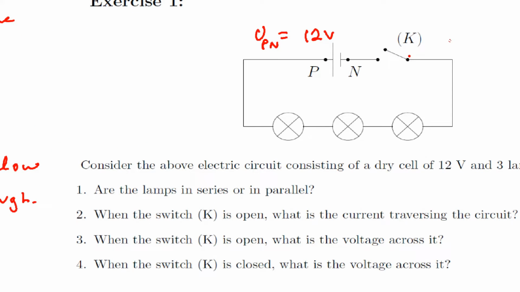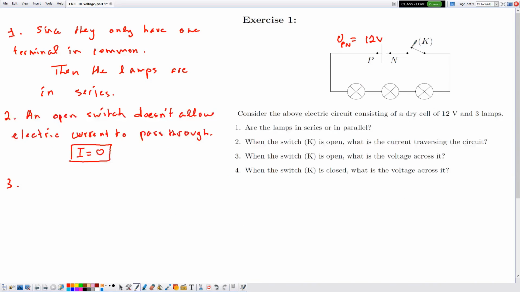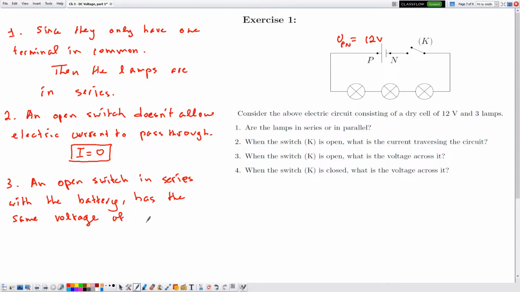Notice that here the switch K is an open switch in series with the battery because they have one terminal common, and we know that whenever an open switch is in series with the battery, it has the same voltage as the battery.